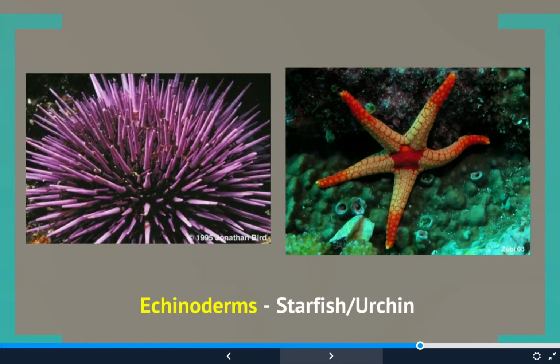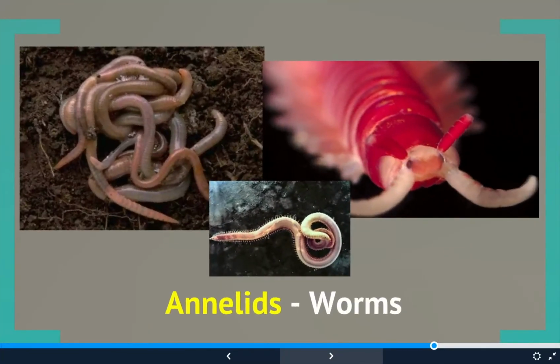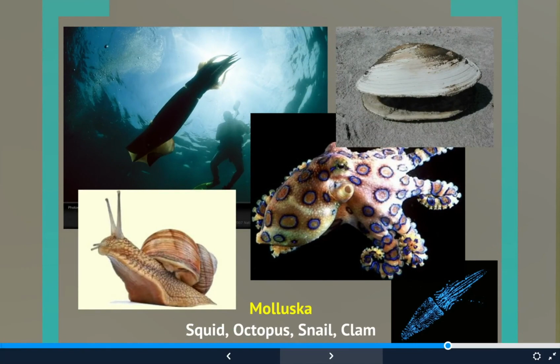Echinoderms are starfish and sea urchins. Annelids include all the worms. Mollusca include all the mollusks, like squid, octopus, snails, and clams. This is called the blue ring octopus. It's beautiful. That's a squid.